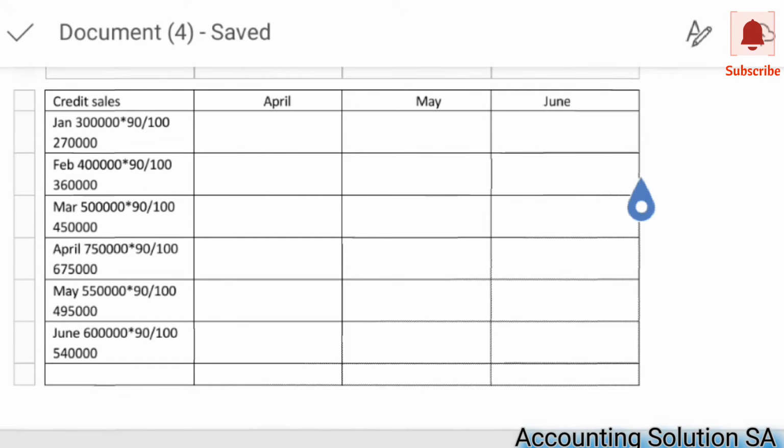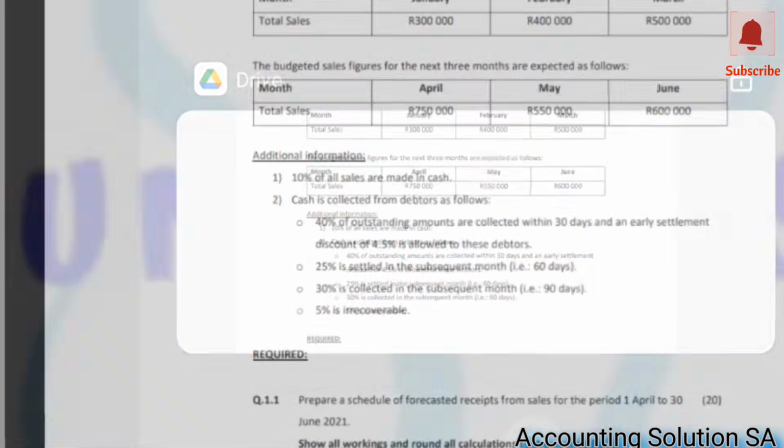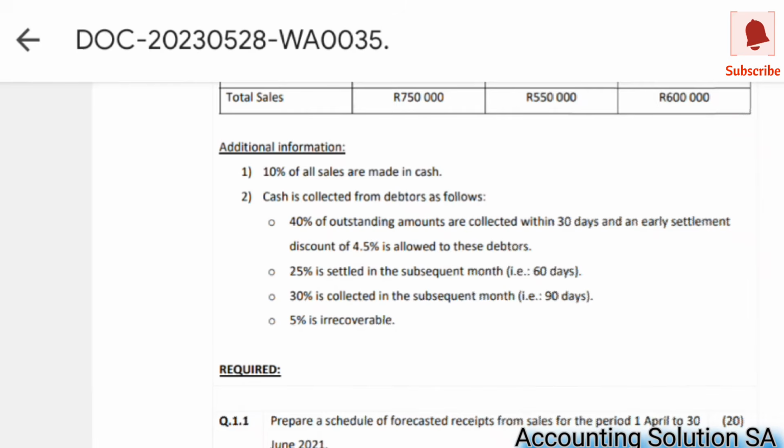Okay, now let's read the transaction again. They said cash is collected from debtors as follows. 40% of outstanding amount are collected within 30 days and early settlement discount of 4.5% is allowed to these debtors, which means that in the following month, you are going to account 40% of credit sales and the 4.5% discount.